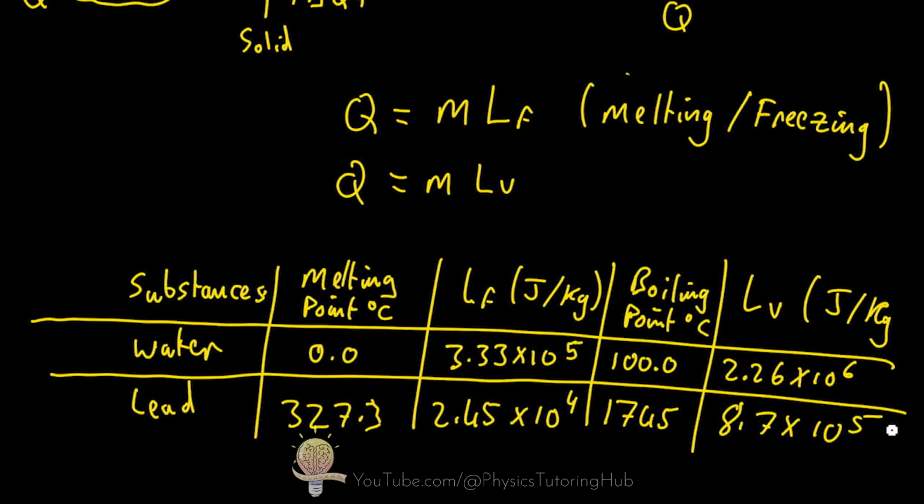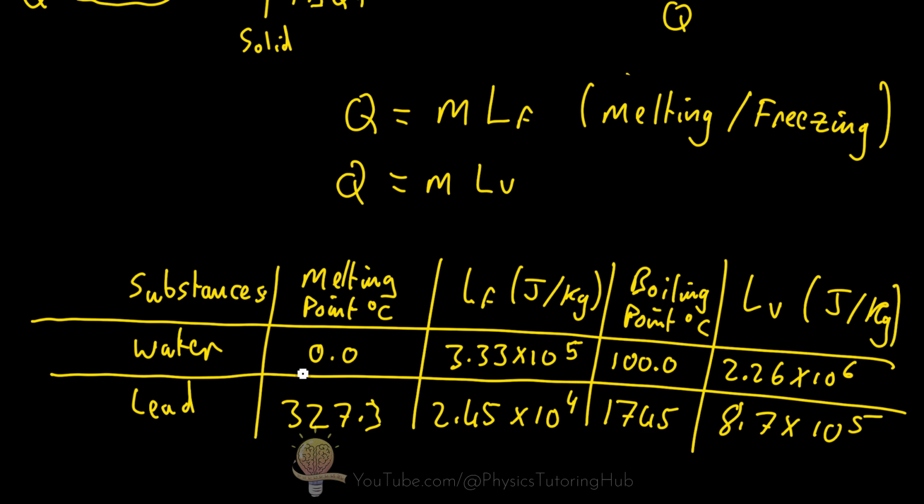So if we have a look at two substances, for example water and lead, notice for both substances that their latent heat of fusion, so the energy required for a phase transition from solid to liquid for 1 kilogram, is lower than the energy required for a phase change from liquid to gas.